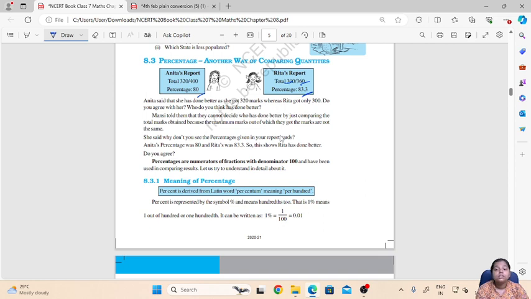So they have to look at the percentage. Rita's percentage is 83.3 and Anita's percentage is 80. So who has done better? By looking at the percentage we can say that Rita's performance is better as compared to Anita's performance. In this topic we will compare the quantities based on the percentage.